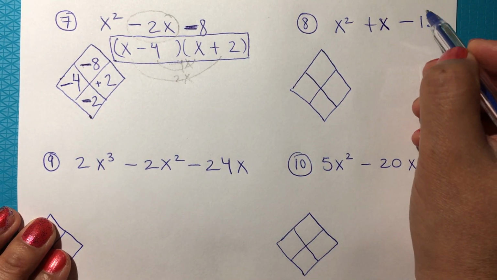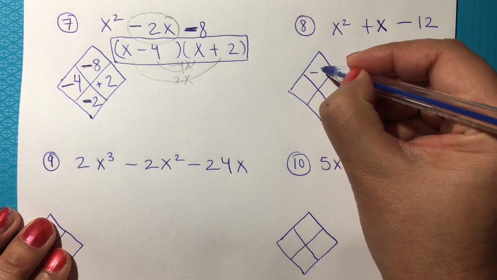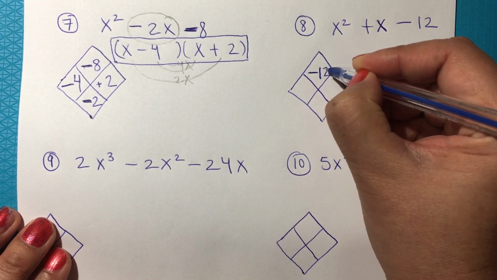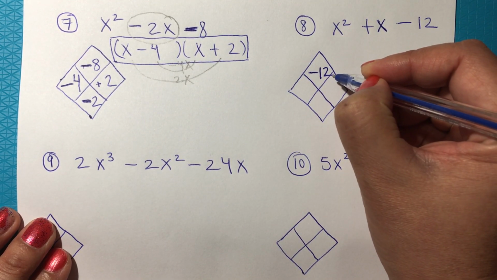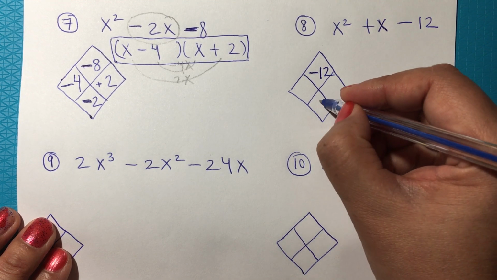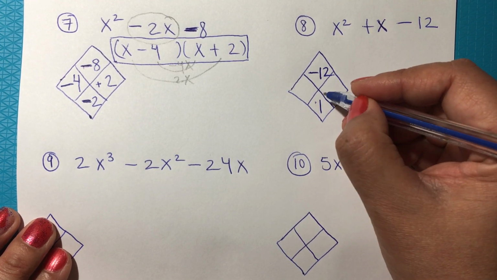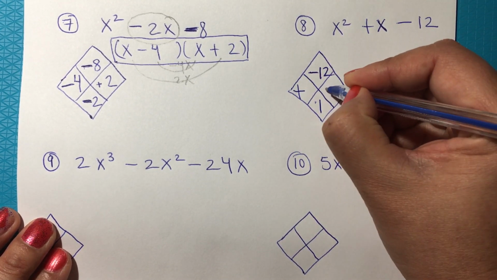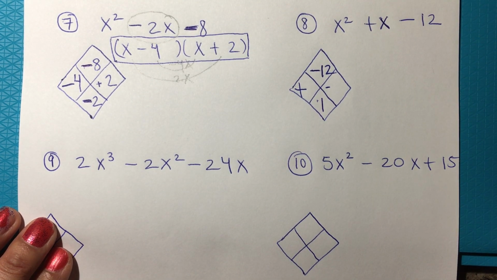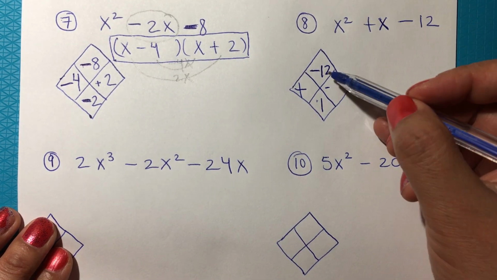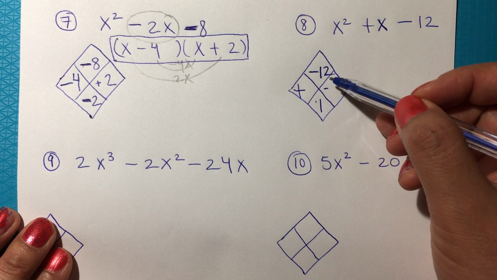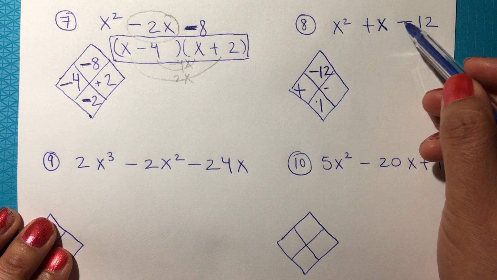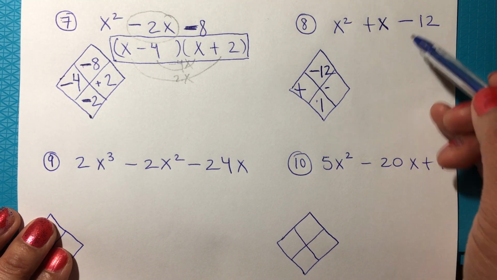For number 8, -12 goes here. That means I'm going to be subtracting, that I'm going to have a positive and a negative, and that this sign tells me the sign of the biggest one, so the smallest one will be negative. What two numbers multiply equals -12, but when you subtract them equals 1?